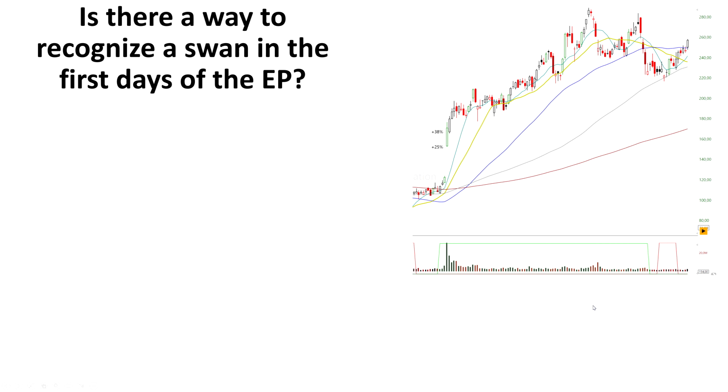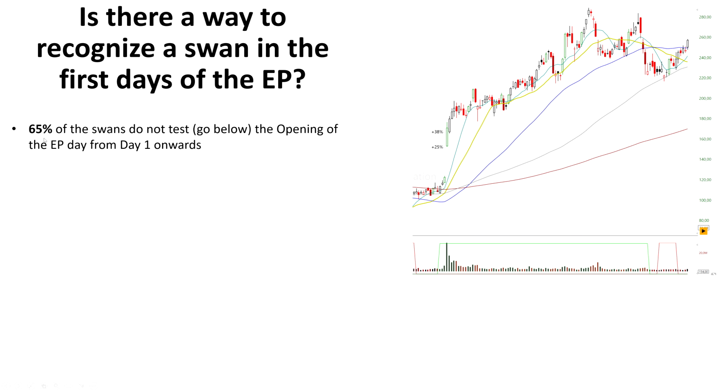Here's what the data shows. I took around 300 swans and tried to see how they behave, tracking the numbers of the opening and how they challenge it. I tried to see what those statistics tell me only about swans.